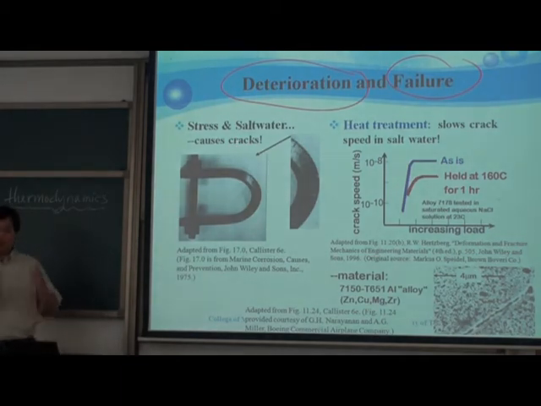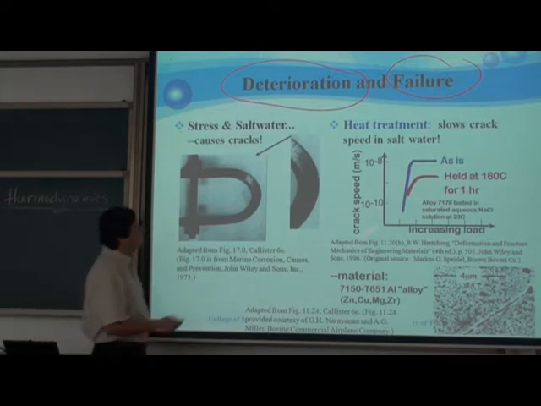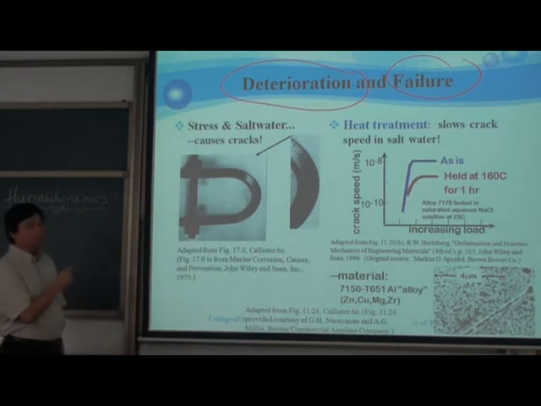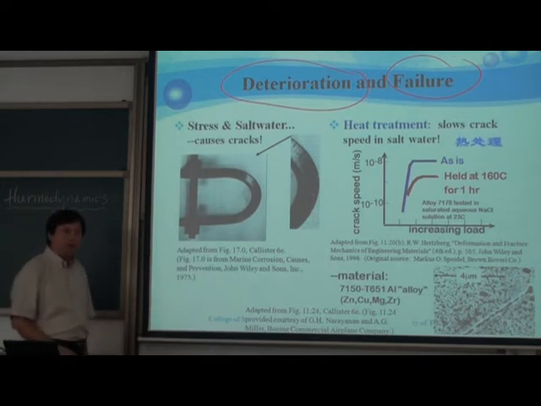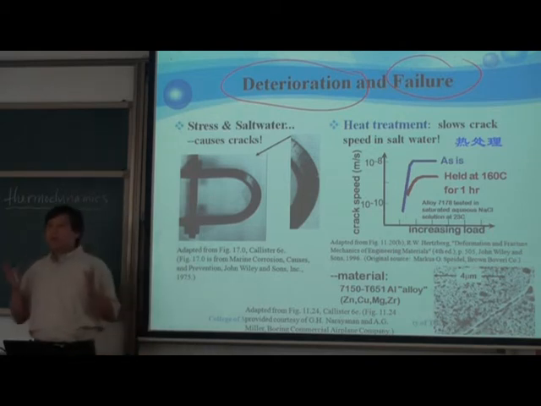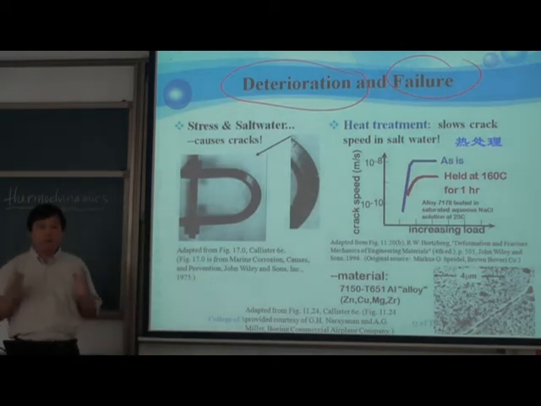It's going to eventually break. So what this figure tells you is if you do some heat treatment to the material, the speed at which the crack grows will be totally different.